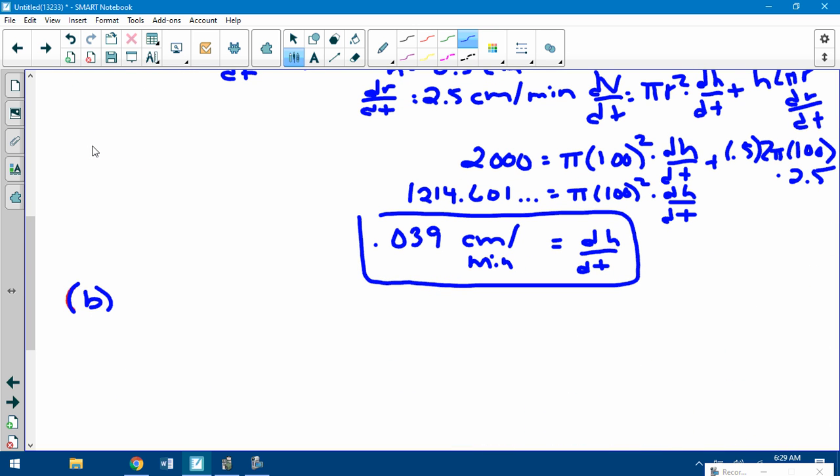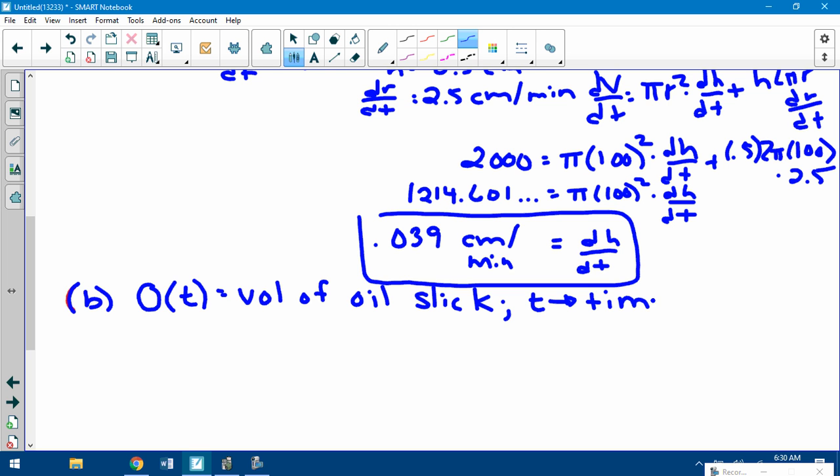So O of t equals the volume of the oil slick, and t is time since the device began working.